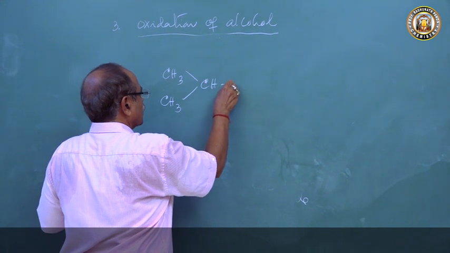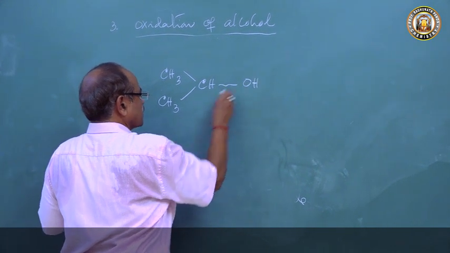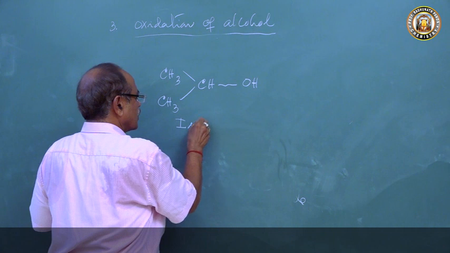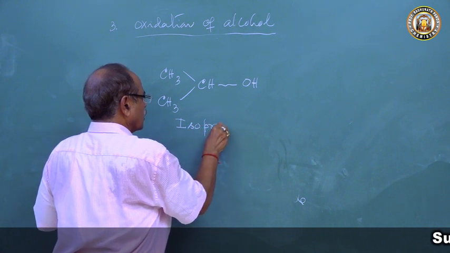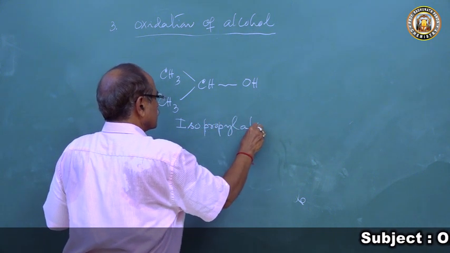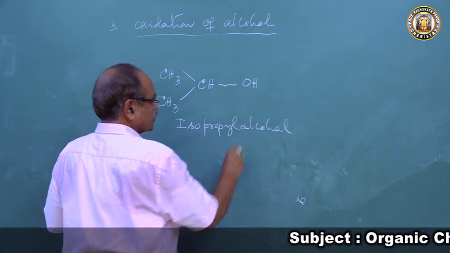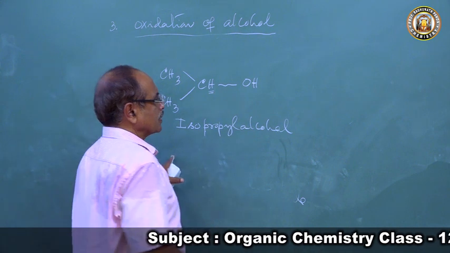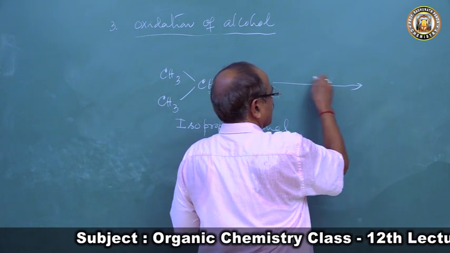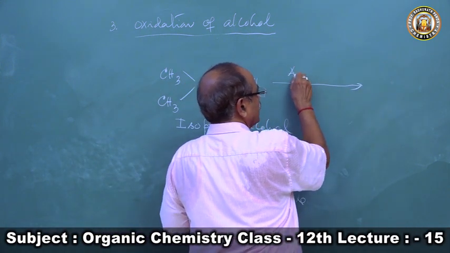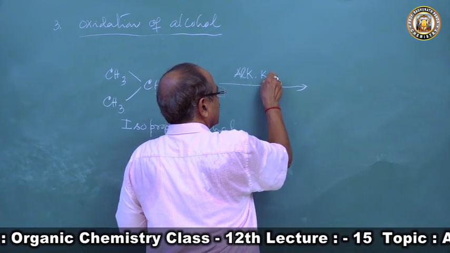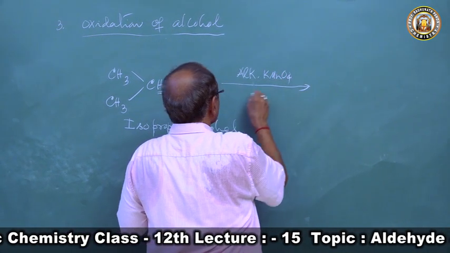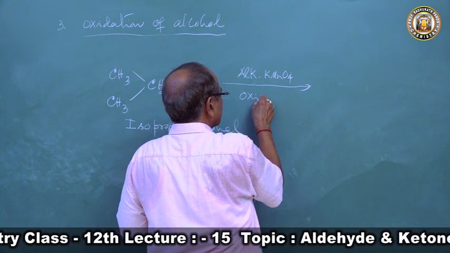Isopropyl alcohol contains 1 active hydrogen atom. Hence, when you take alkaline KMnO4, it undergoes oxidation.